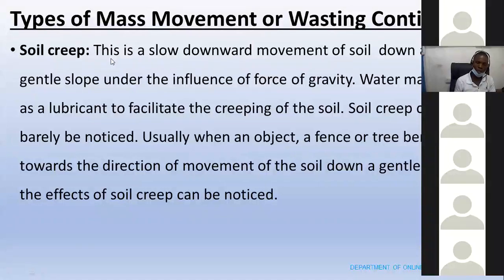The soil creep type of mass movement is the slowest compared to all the other types. So take note of this before we continue.